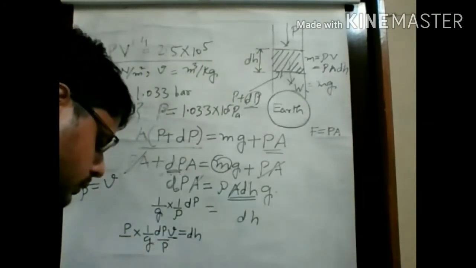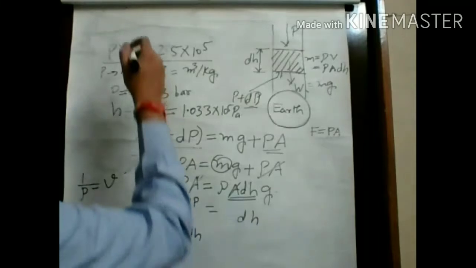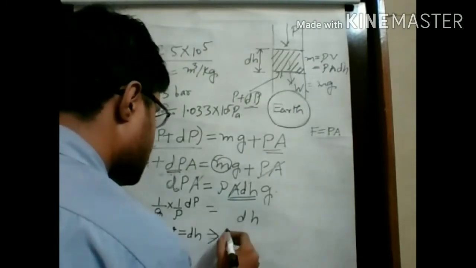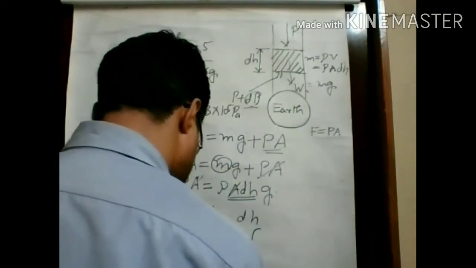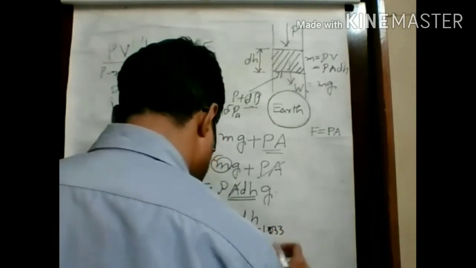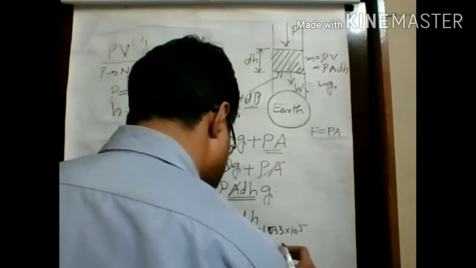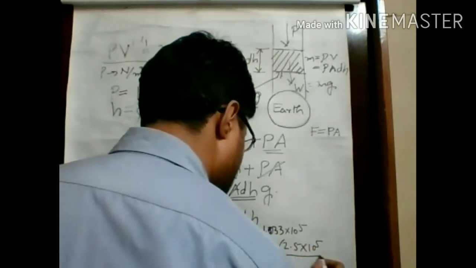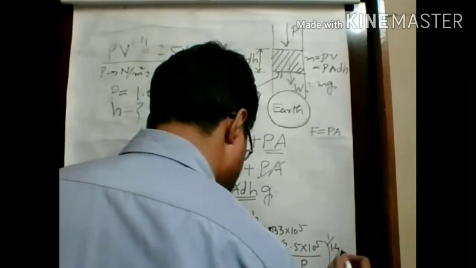So by this expression we write dh equals the integration from 0 to 1.033 into 10 to the power 5 of 1 upon g, 2.5 into 10 to the power 5 upon P, whole power 1 upon 1.4, dP.